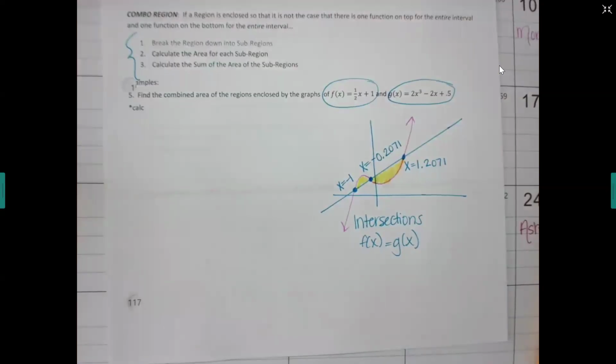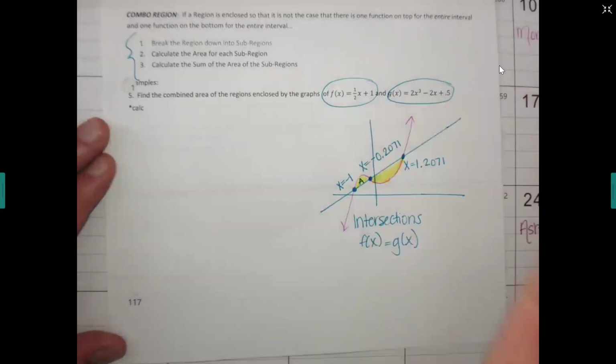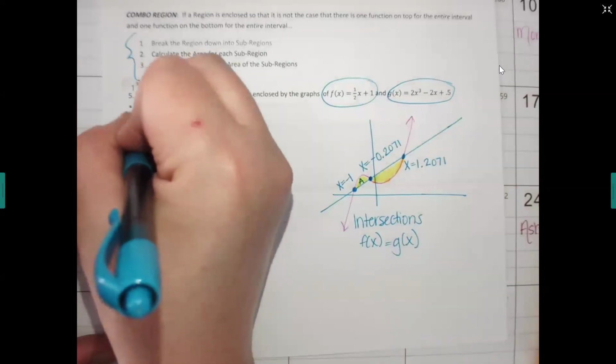Okay, the reason I'm calling this a combo is because you're going to have to do more than one integral. So you're going to break the region down into subregions. So I'm going to call this pocket A and pocket B. And then you're going to set up an integral for each piece and then just add them together at the end. So for pocket A, what are my boundaries for my integral?